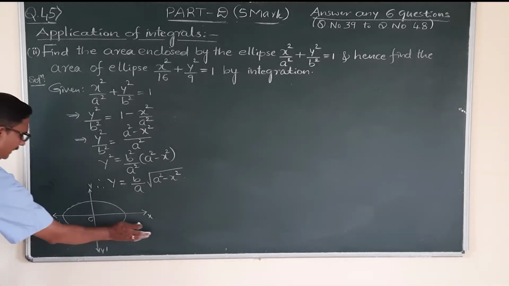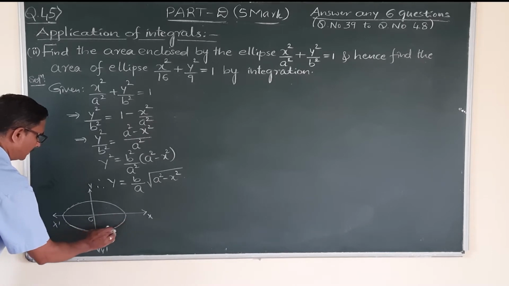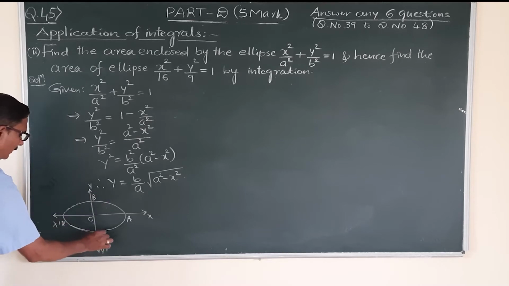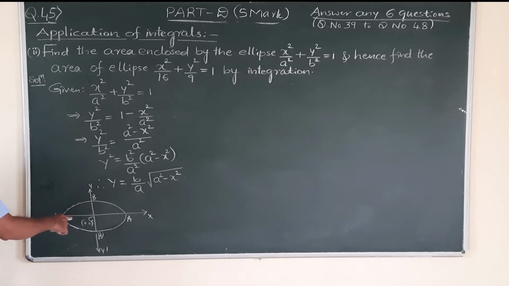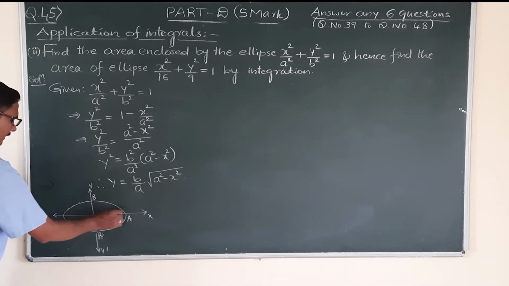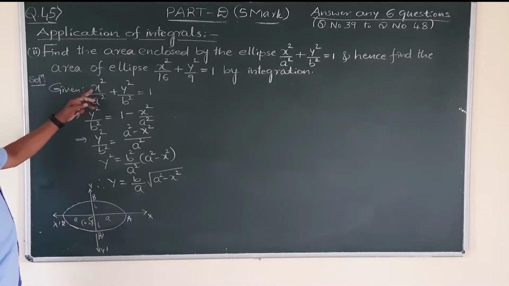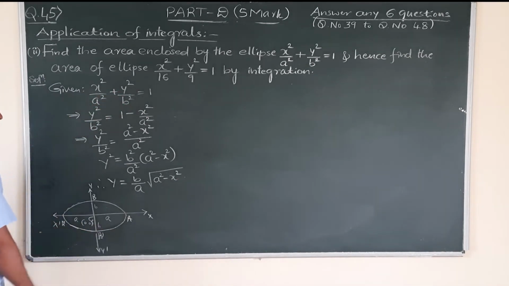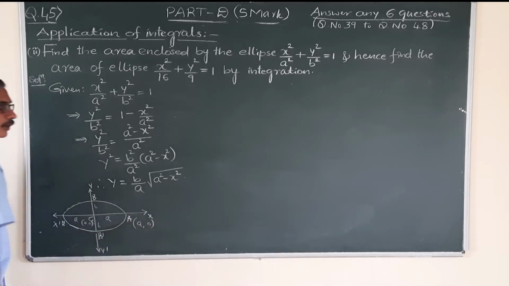Since the ellipse cuts the x-axis at A and A dash, and the y-axis at B and B dash, with center at origin, take CA equal to CA dash equal to distance a, and CB equal to CB dash equal to distance b. Here the x-axis distance is a, the y-axis distance is b. Since CA lies on the x-axis, the coordinates of point A are a comma 0.